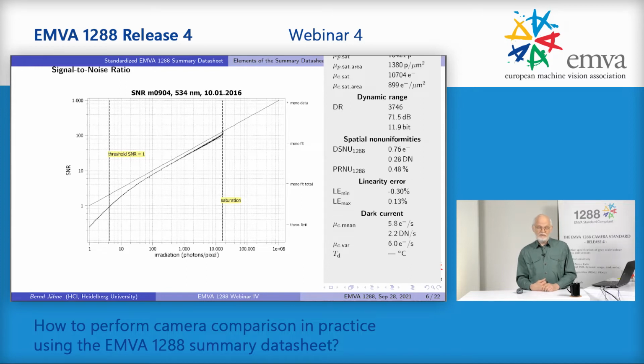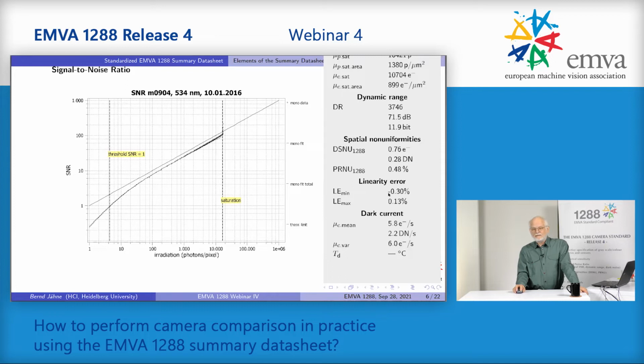You have seen we have all that you need to know about temporal noise and non-uniformities, and then we have two more parameters. For some applications, the linearity is critical, not for all, but for some. And in 3.1 we gave a deviation, negative and positive deviations.